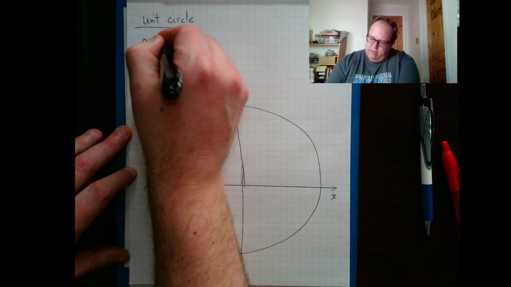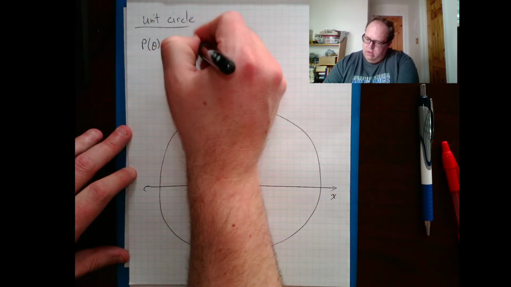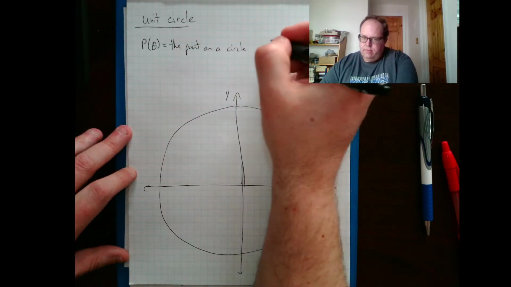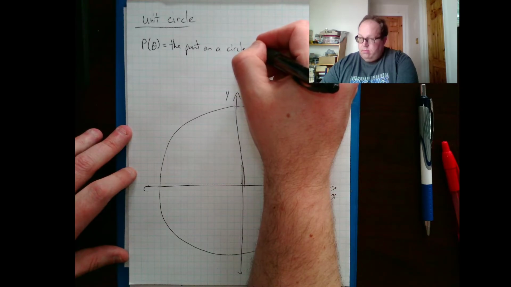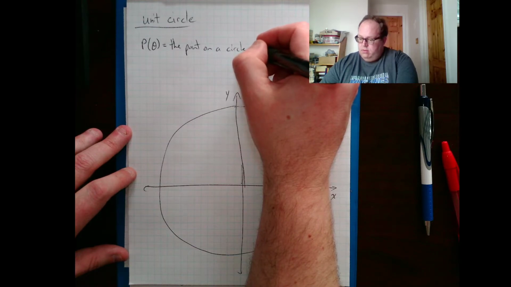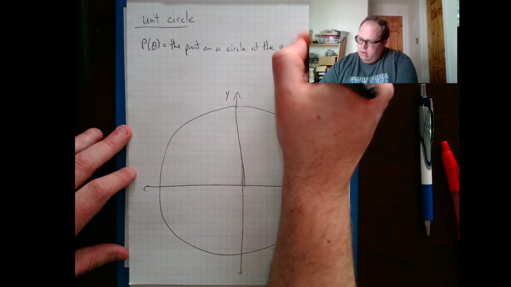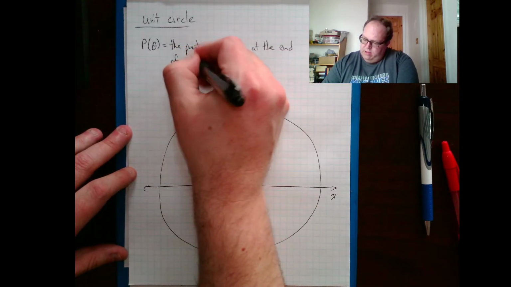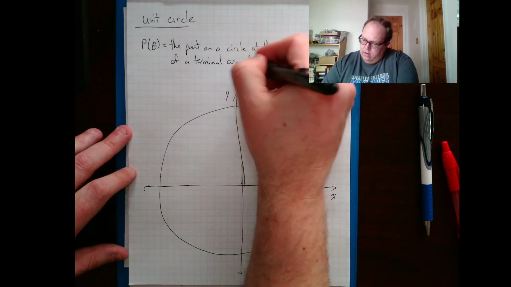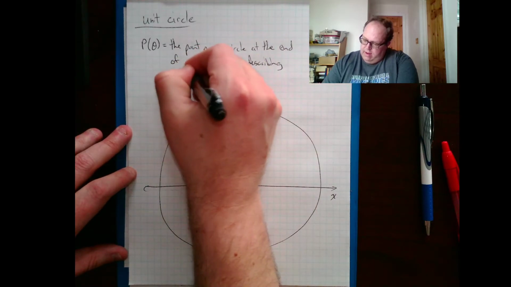P theta represents the point on a circle at the end of a terminal arm describing angle theta.